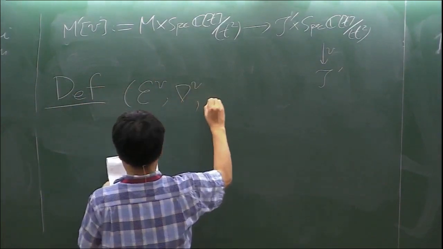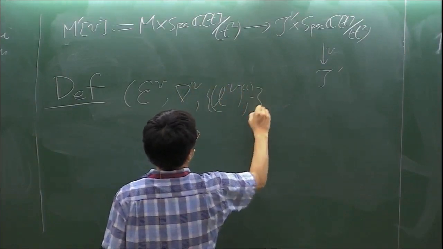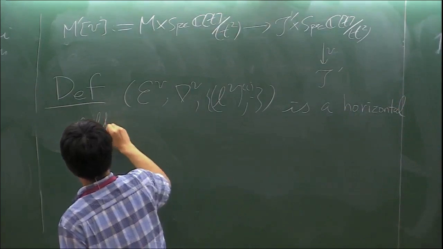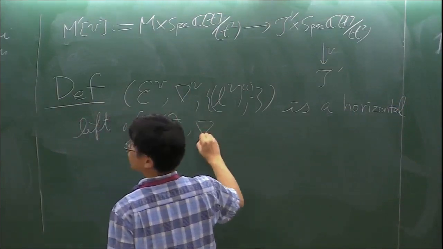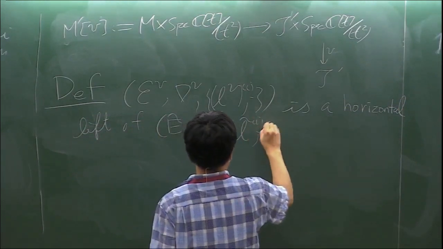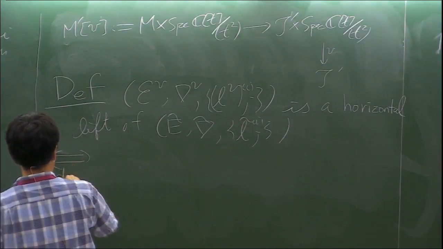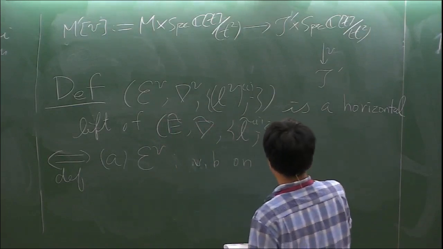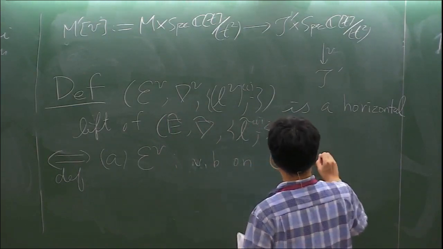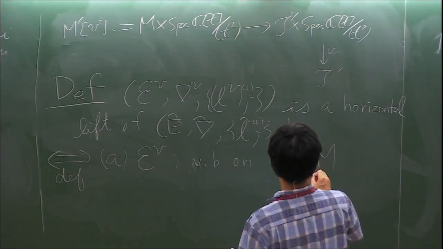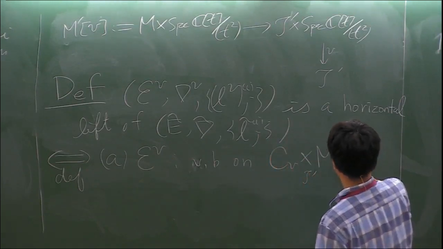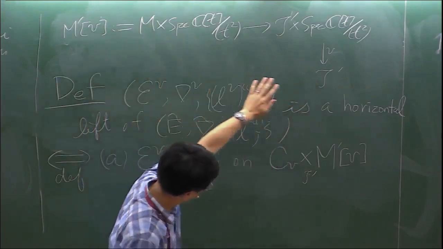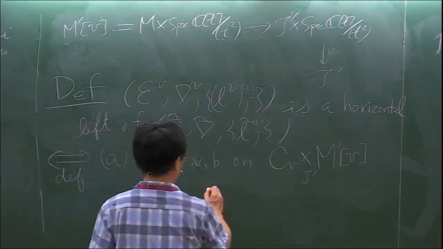EV, nabla V, LV, IJ is a horizontal lift of the relative connection E tilde, nabla tilde, L tilde, if EV is a vector bundle on CV cross M, CV cross T prime over T prime M prime V. This fiber product is taken with respect to this twisted morphism. And of rank R.